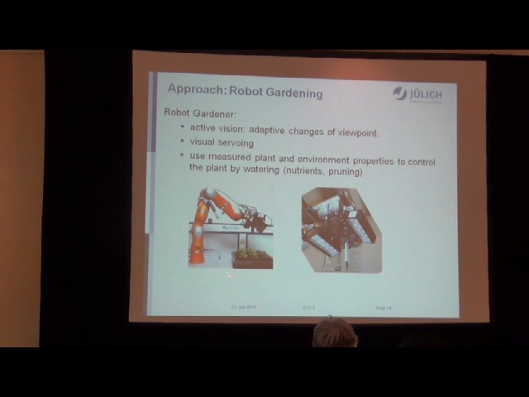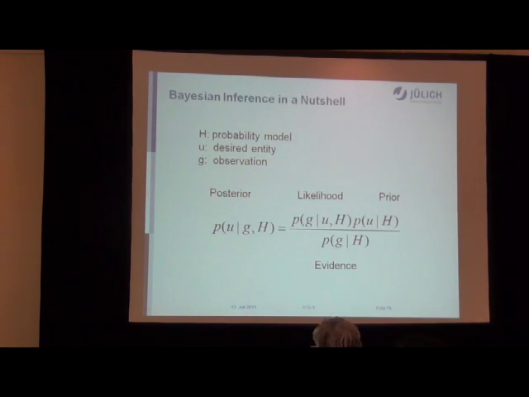And here, in all stages of this system, it's important to incorporate prior knowledge. So, for example, we have first to find the different leaves and compute the leaf area, and therefore it's useful in this computer vision block to have some prior information, how plants usually look, and use also information of the past. And there comes in where we use Bayesian estimation methods.